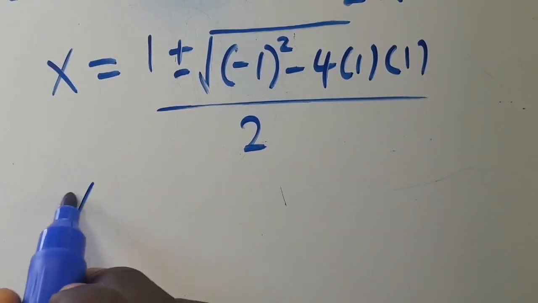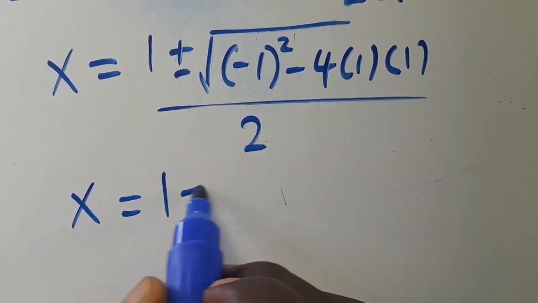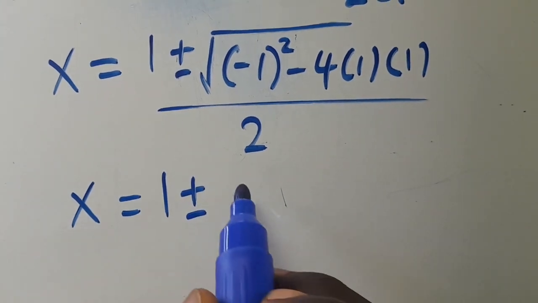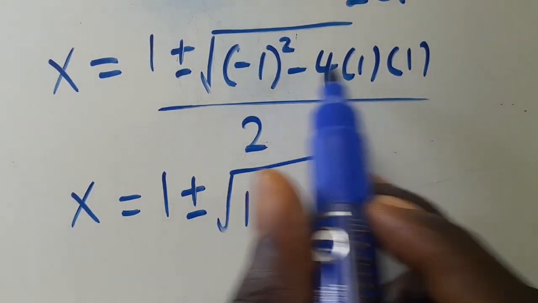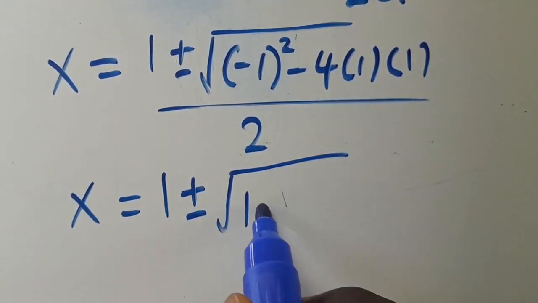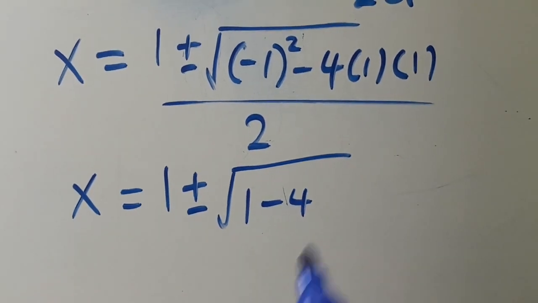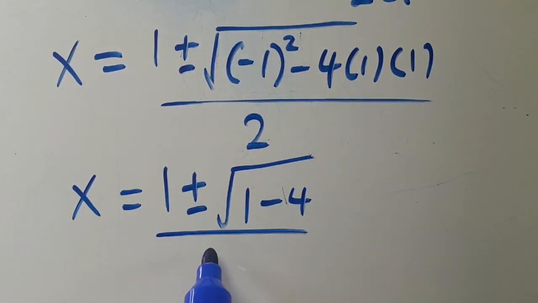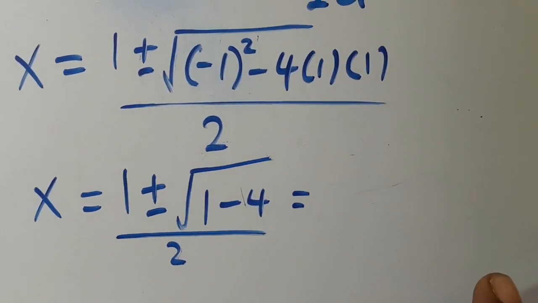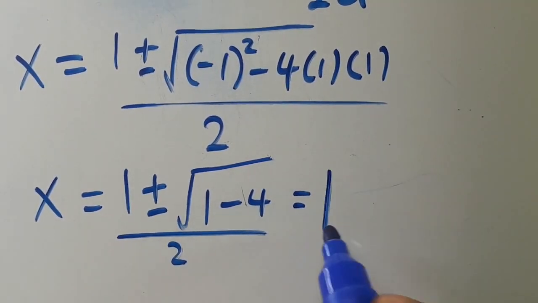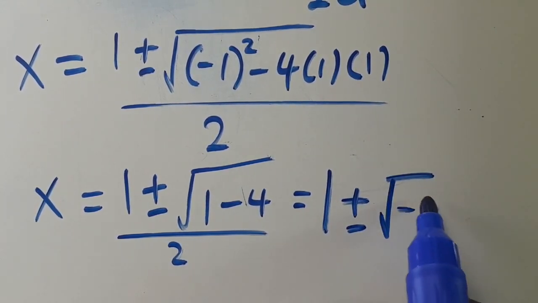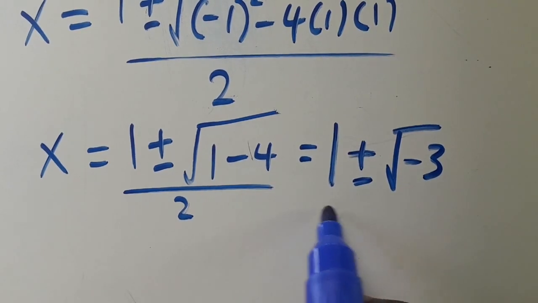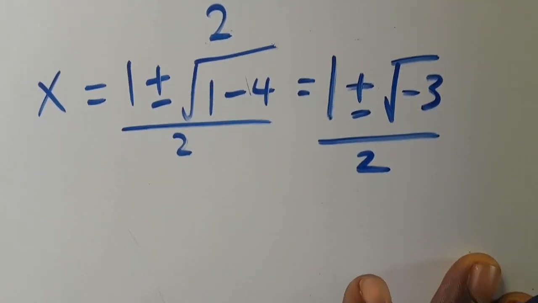So we have x equals 1, positive or negative, roots of 1 minus 4 times 1 times 1, which is minus 4, then divided by 2. This equals 1, positive or negative, root of minus 3 divided by 2.